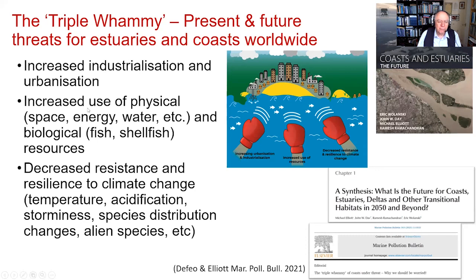They all suffer from the increased use of resources, whether they are physical resources like space, energy or water, or biological resources like fish and shellfish. So we've got an increased use of these. And then the other one is a decreased resistance and resilience to climate change, these wider pressures. So we came to the conclusion all of these coasts are subject to this.